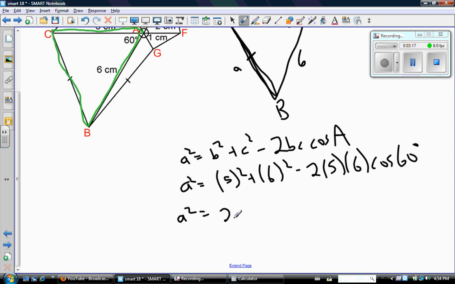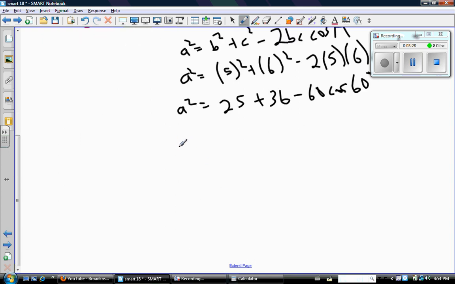So a squared is 25 plus 36 minus 60 cosine 60 degrees. Keep going: 25 plus 36 is 61.